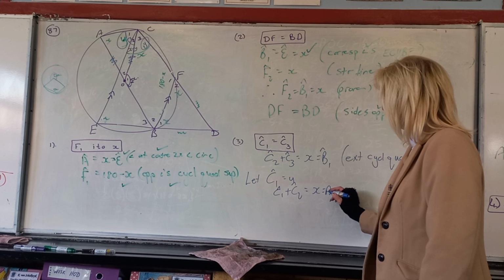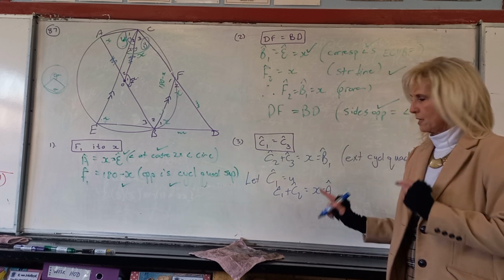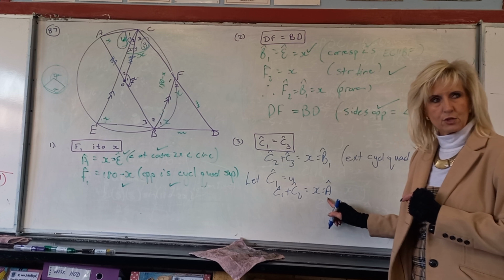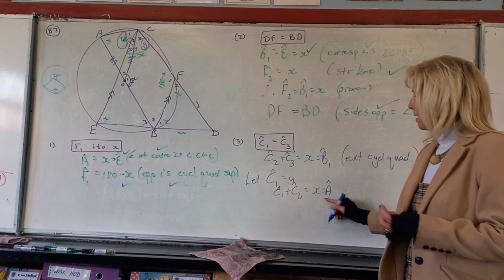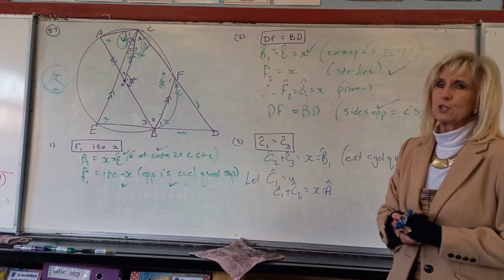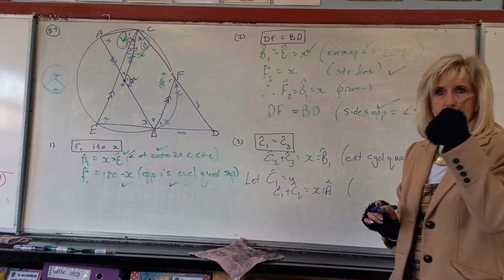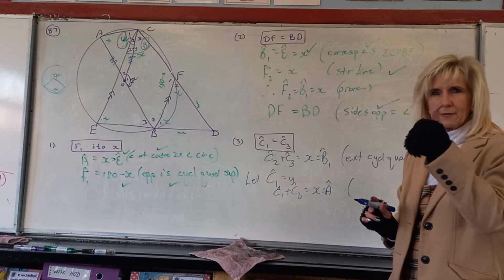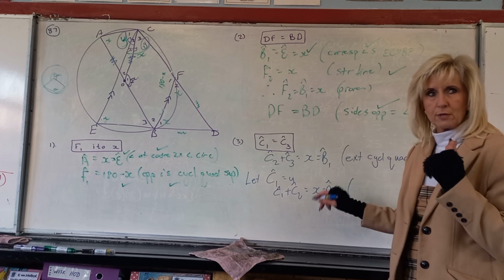Which was equal to angle. It always helps the marker to see where you made your connections. It's not necessary that that angle there should be there, but it helps the marker to see where you made your connection. Why is that equal to each other? Angles opposite equal sides? Is that enough? No, we have to say radii. You've got to say the radii, because both of those things bring me to this reasoning.